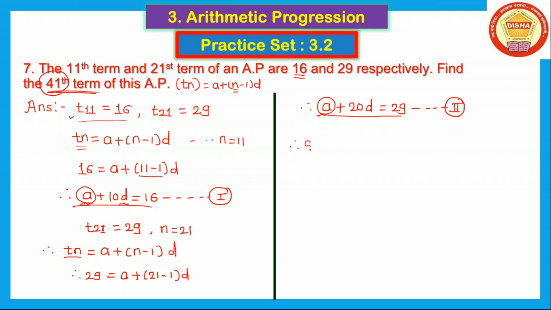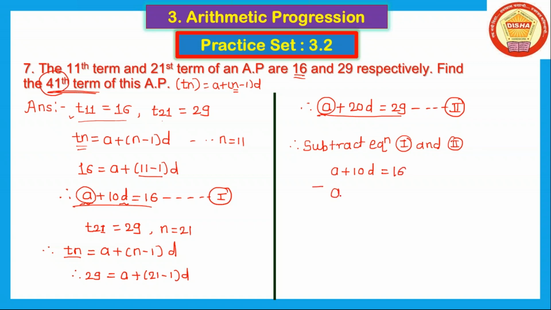So we write here: subtract equation 1 and 2. Then we take equation 1, that is a plus 10d is equal to 16. Subtraction means minus.